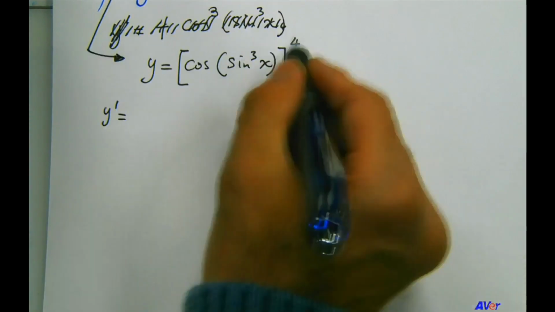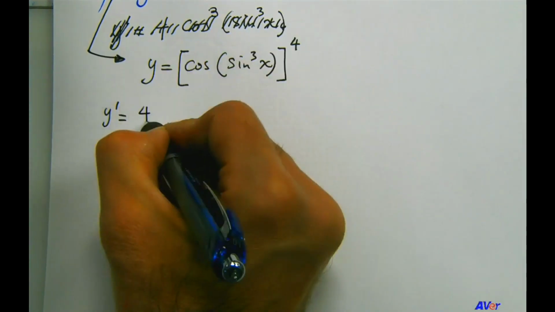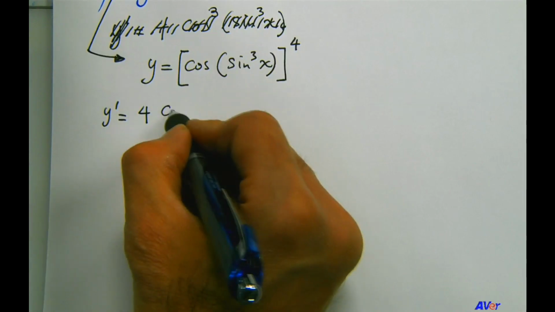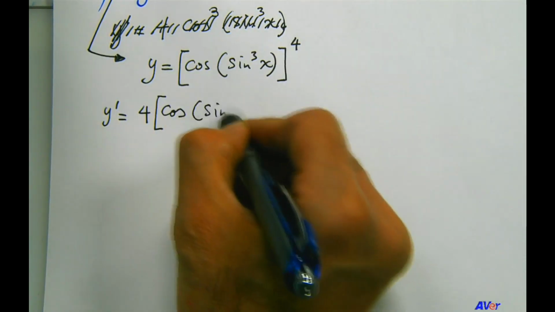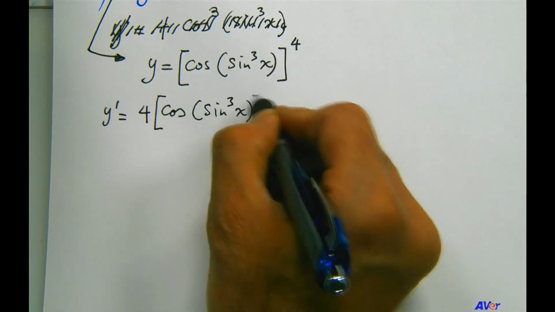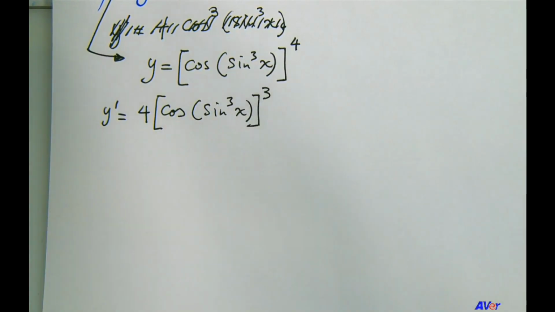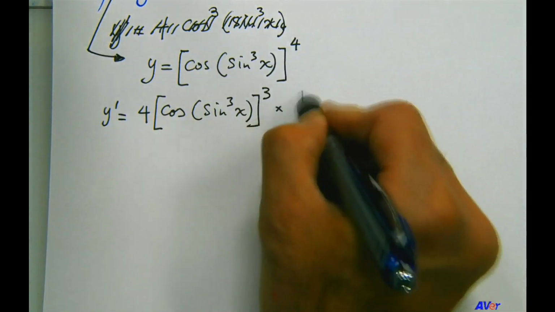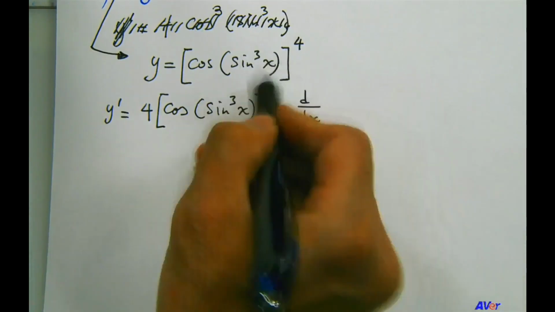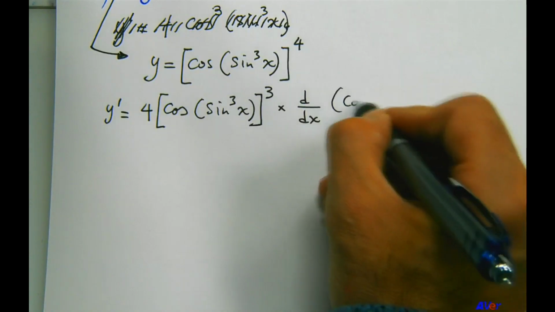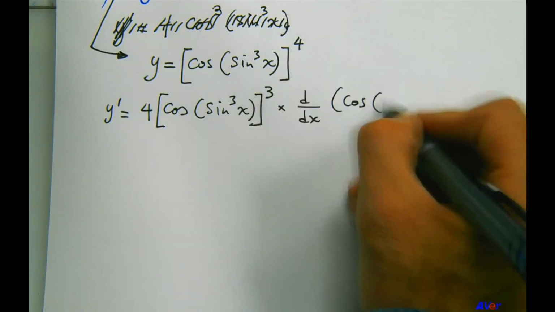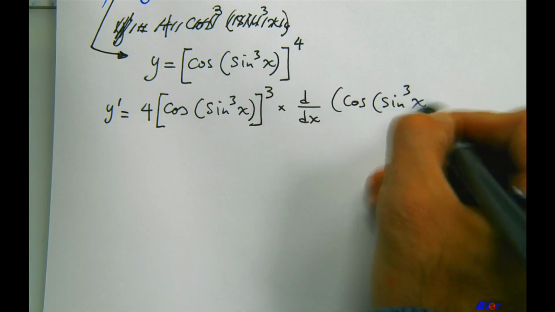So y prime is equal to, bring the 4 down and in front, times cosine of sine cubed x, all of that cubed, times the derivative of what's inside the bracket, which would be cosine of sine cubed of x.